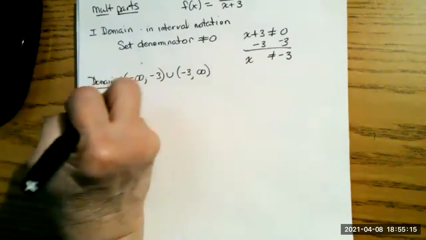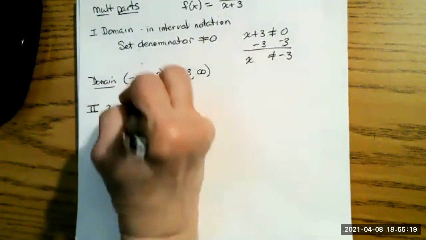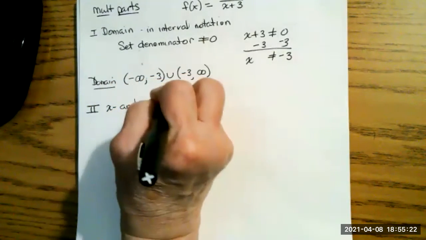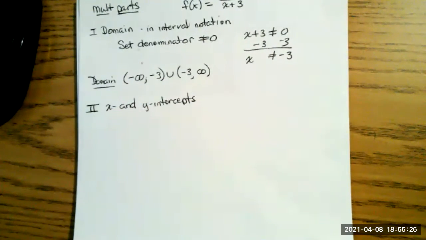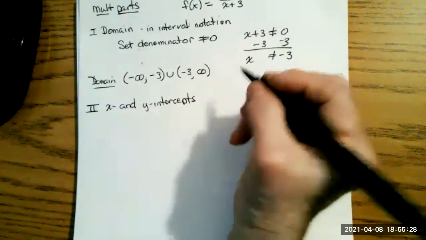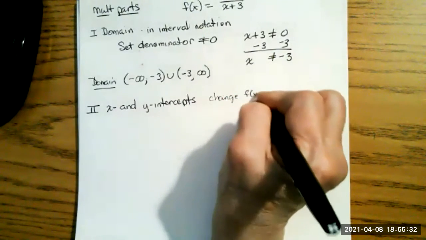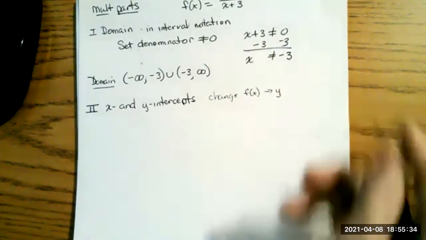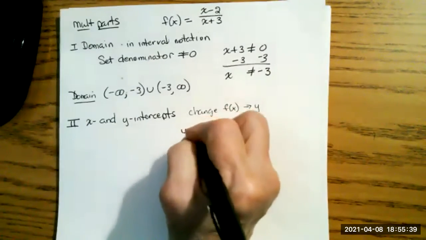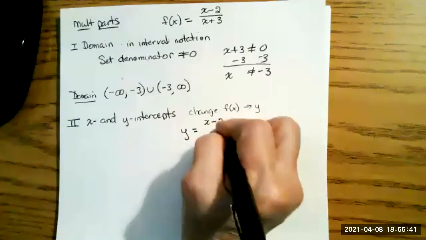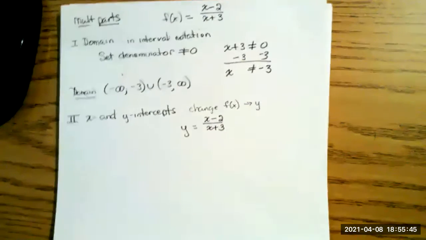The second thing they want to do is to find the x and y intercepts. Now we've done this as well. We have done this before. So my advice to you is change your f of x to y, because you know you can do that. So rewrite it as y equals x minus 2 over x plus 3, because f of x means the same thing as y.